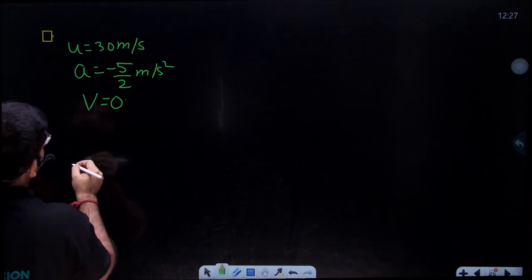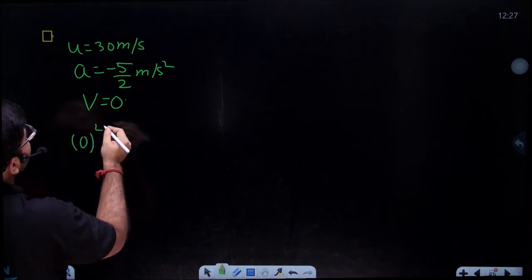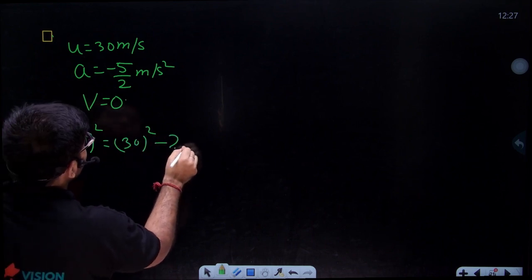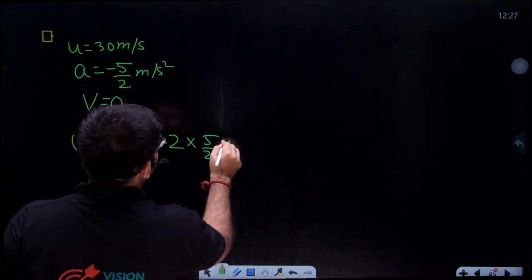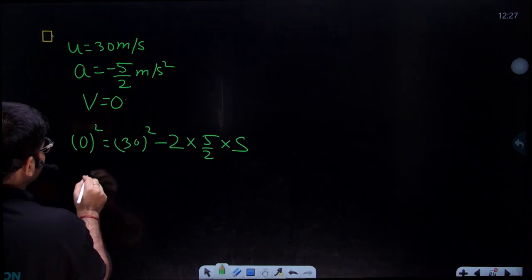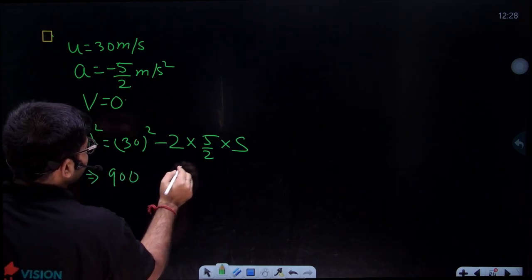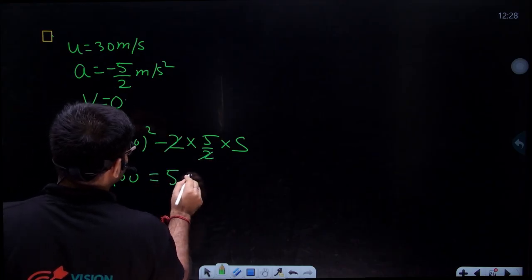So if you find s, v square is equal to u square minus 2a into s. So you will get 900 is equal to 5s.